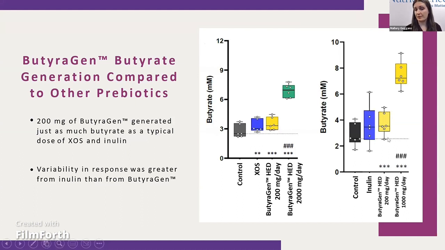When we compare that with the ButyraGen data, we don't see it stretch quite as far, meaning that people had a more uniform response in terms of butyrate generation. Because this is a direct butyrate generator and it doesn't rely on fermentation, the variability in the gut microbiome doesn't play as much of a role, so it makes sense that we wouldn't see so much variation in the response.